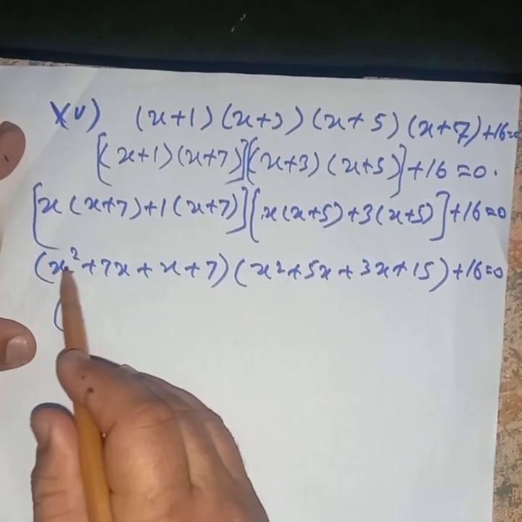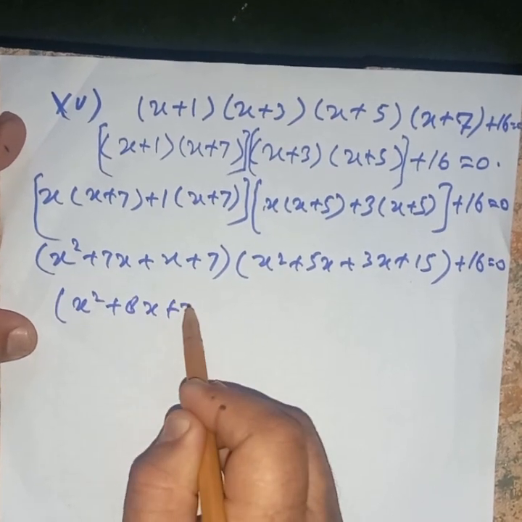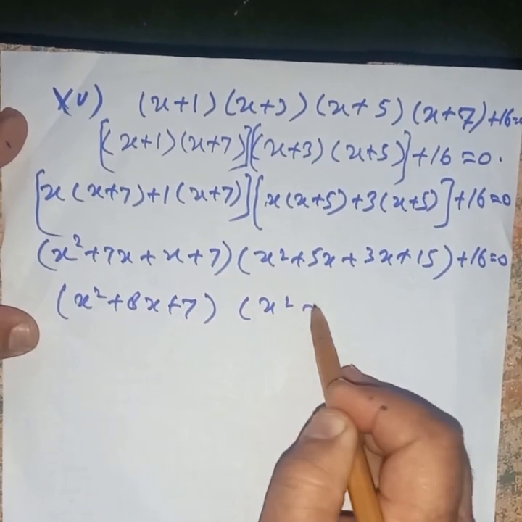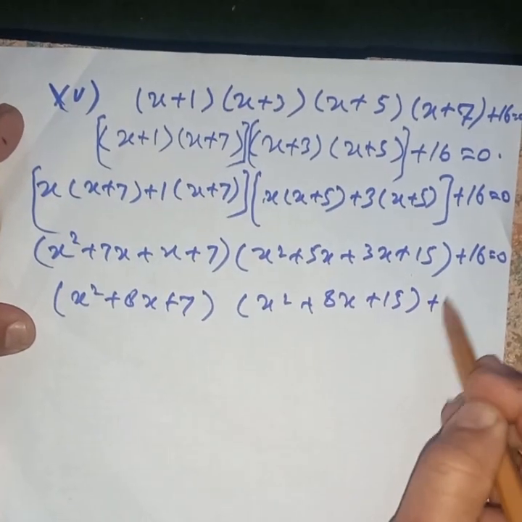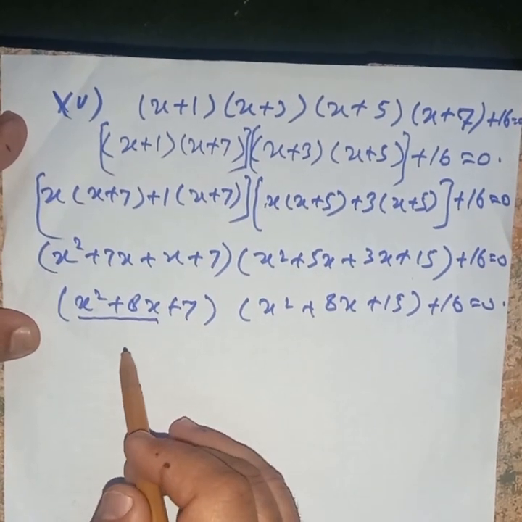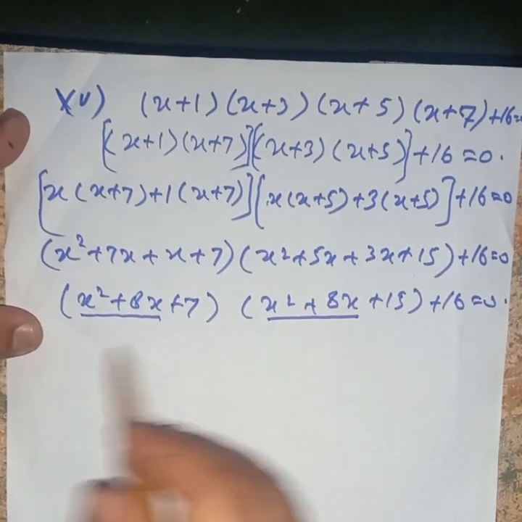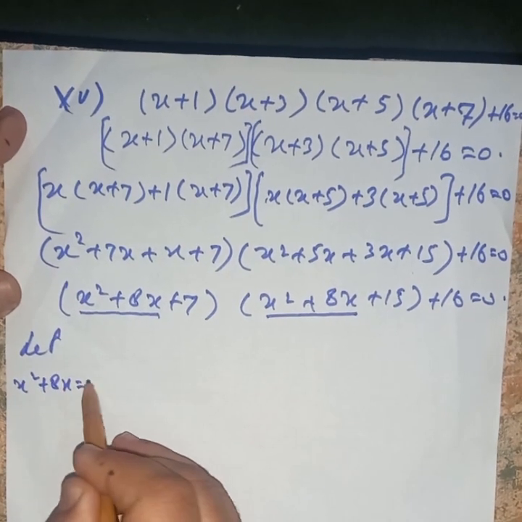Now further simplifying, 7 plus 1 is 8x plus 7, and here also 5 plus 3 is 8x plus 15 plus 16 equal to 0. Now this x square plus 8x and x square plus 8x, let's say x square plus 8x equal to y.